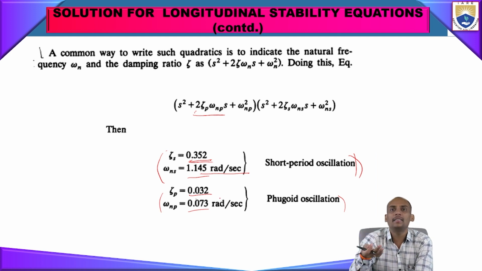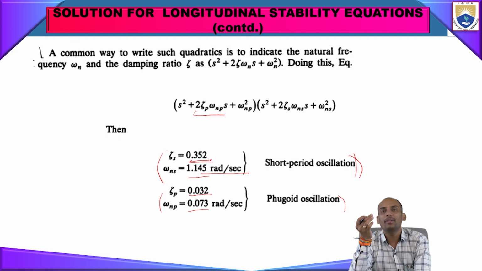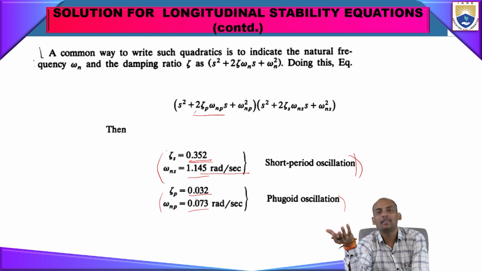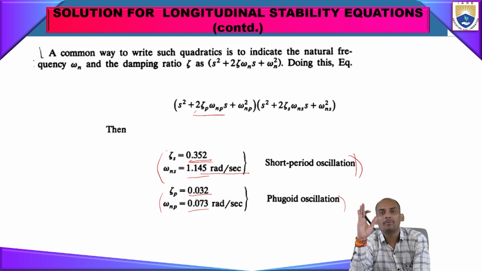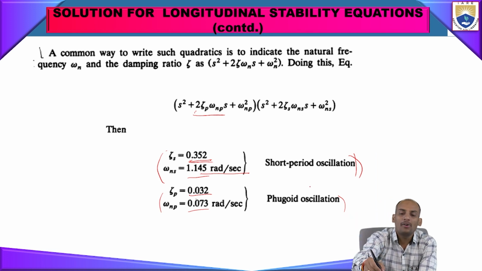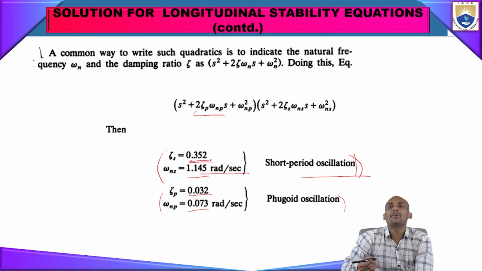Ultimately, for an aircraft with a data sheet of different values and different angular conditions, if you get the solution for that equation, we get these oscillation values.